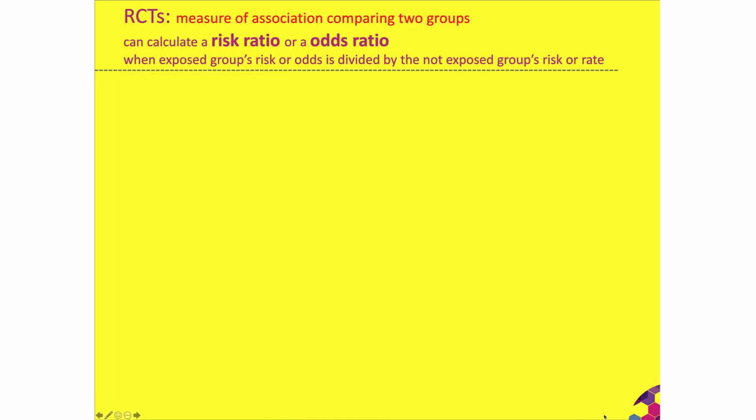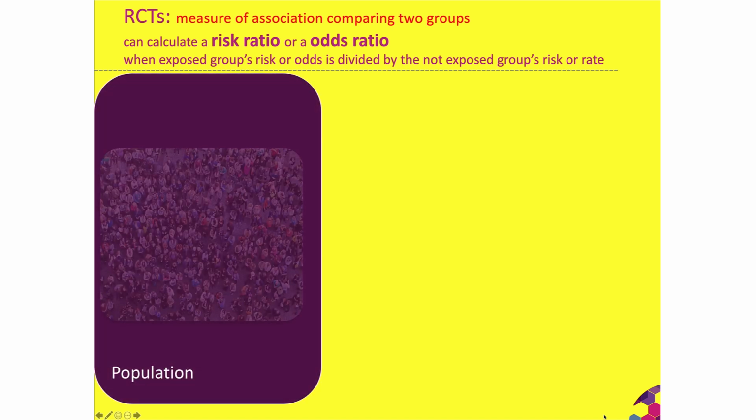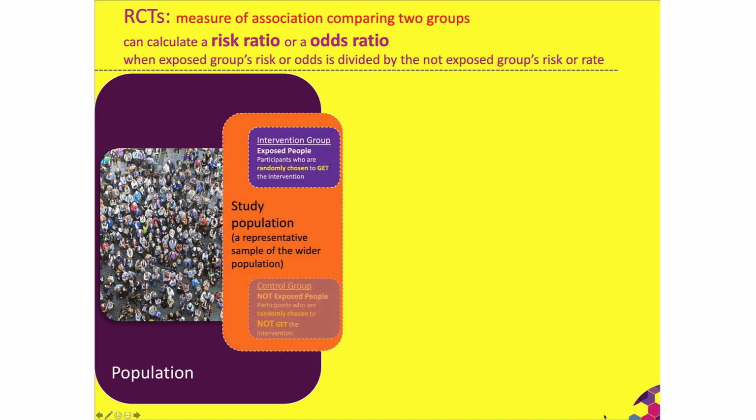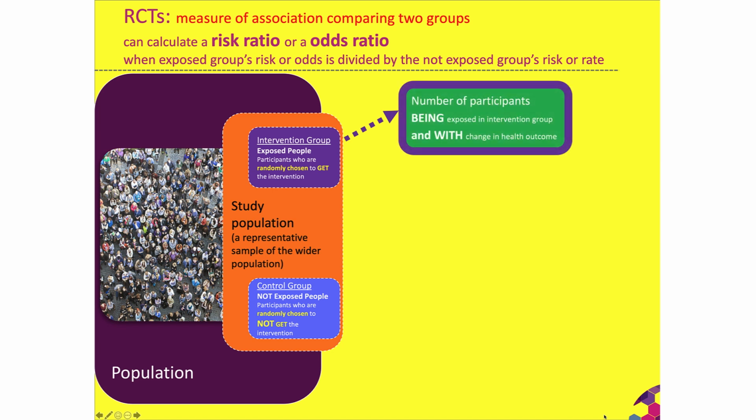And then we can look at the same diagram and think about risk ratios and odds ratios. So we have our population. And we have a number of participants being exposed in the intervention group and with a change in health outcome.